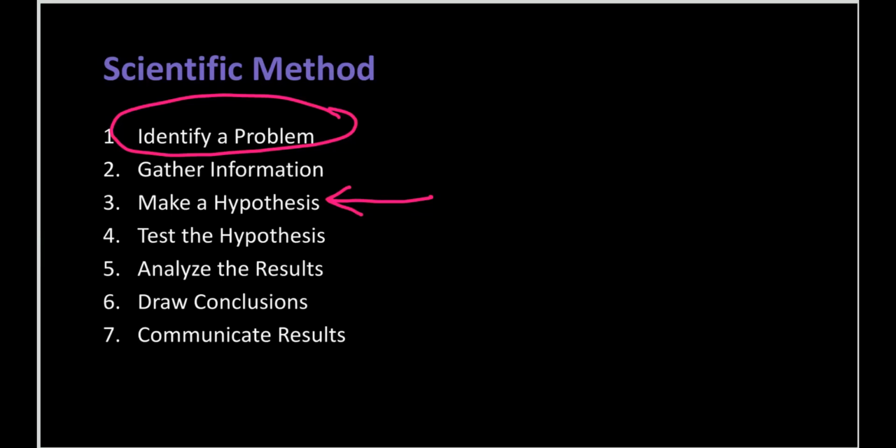The next thing you're going to do is gather information, and this information gathering is going to be important for your introduction. In your introduction, you may have noticed when you did your Stinker Float Lab, you may have lost some points because you didn't cite any sources.